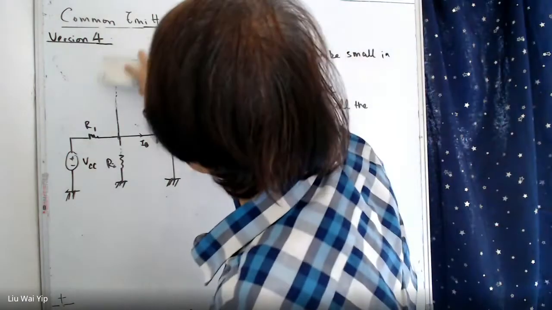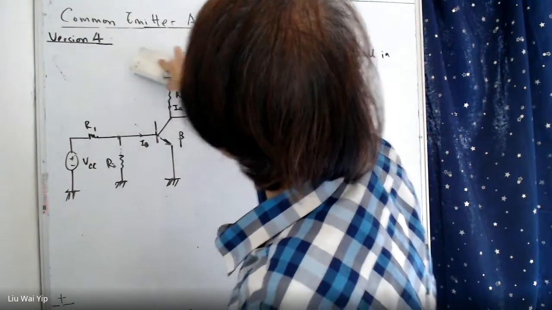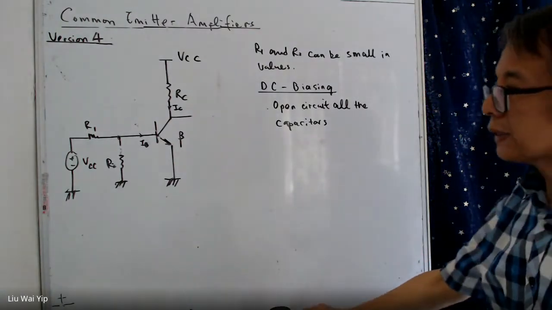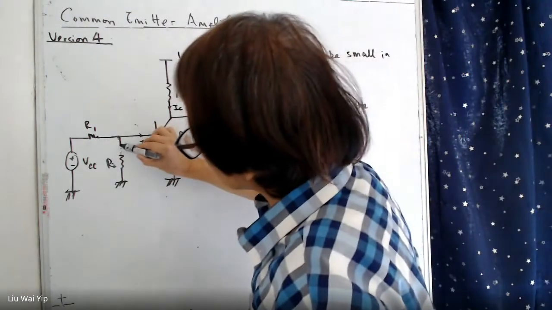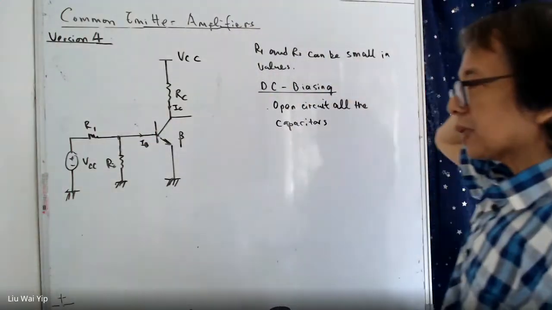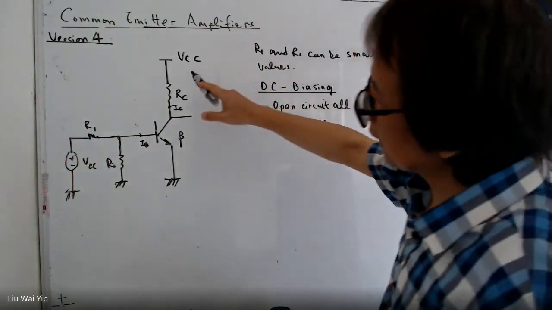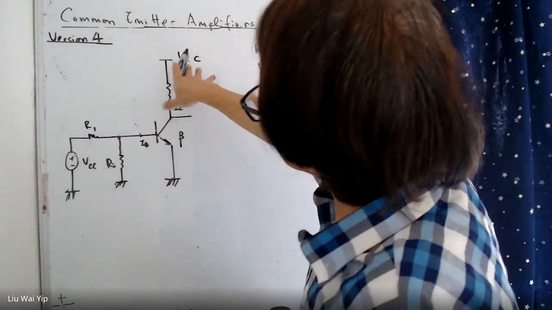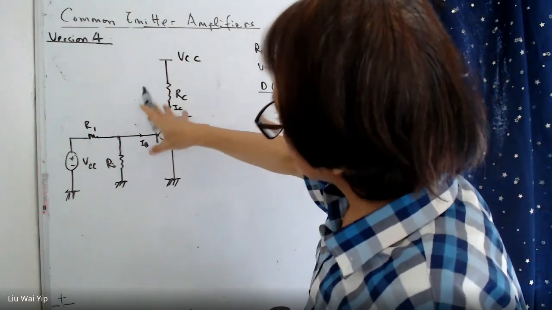So we don't need this part. We just assume that we have two independent DC voltage supplies.